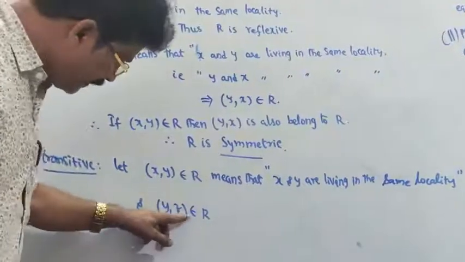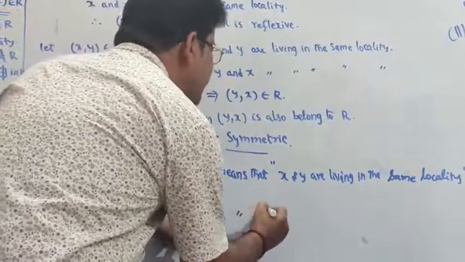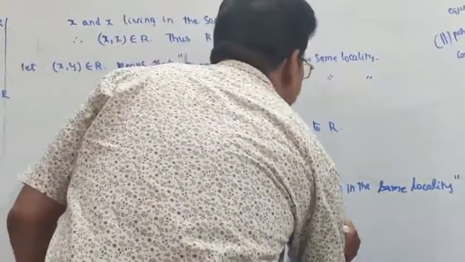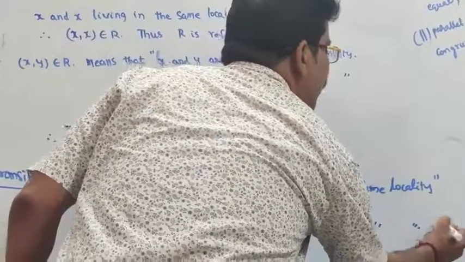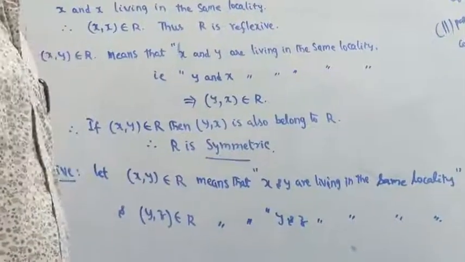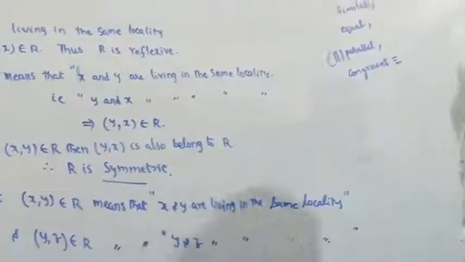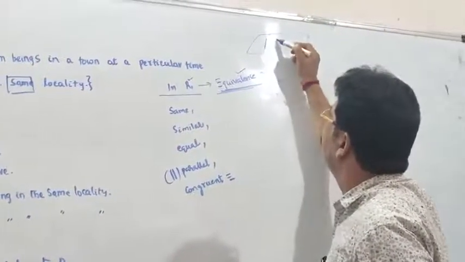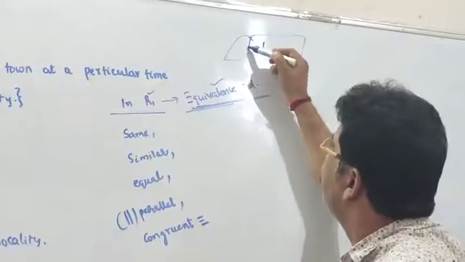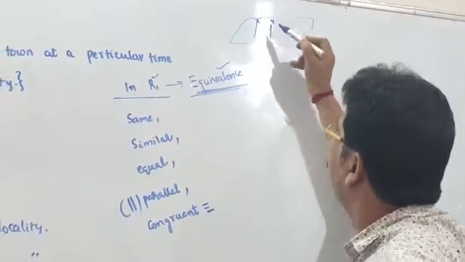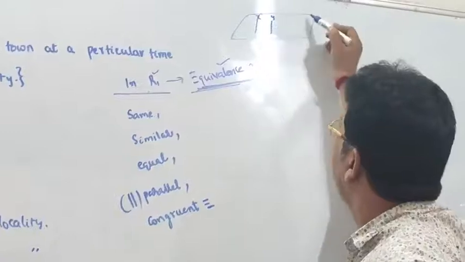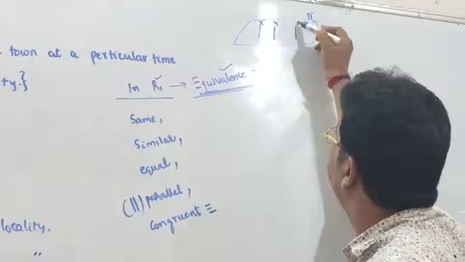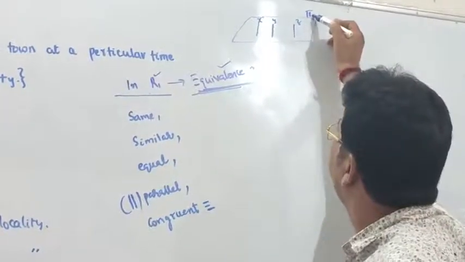Next, Y comma Z belongs to capital R, which means that Y and Z are living in the same locality. So in this plane, X, Y lie in this plane, suppose pi. Next, Y, Z are also in the same plane.